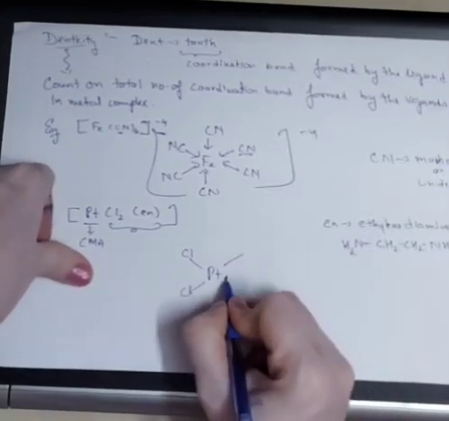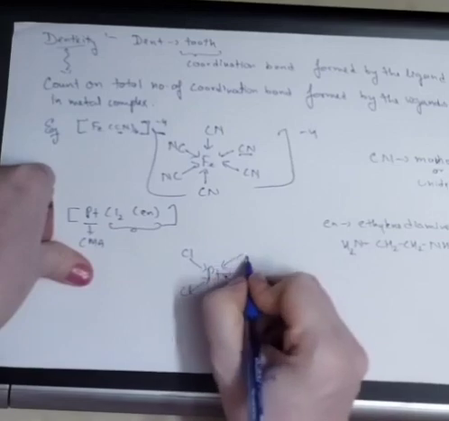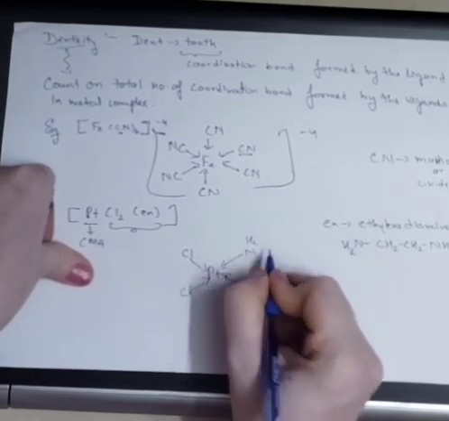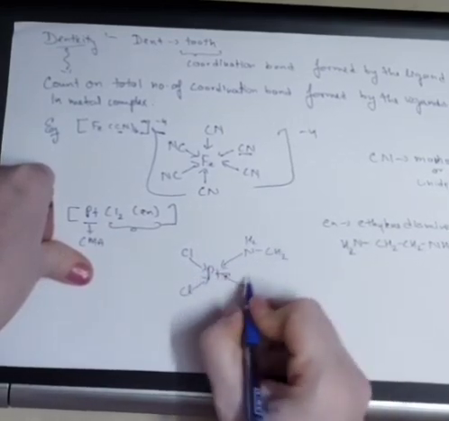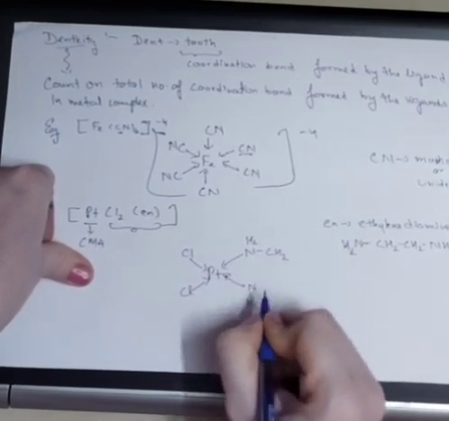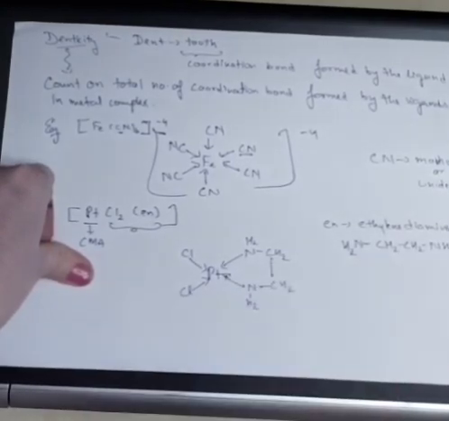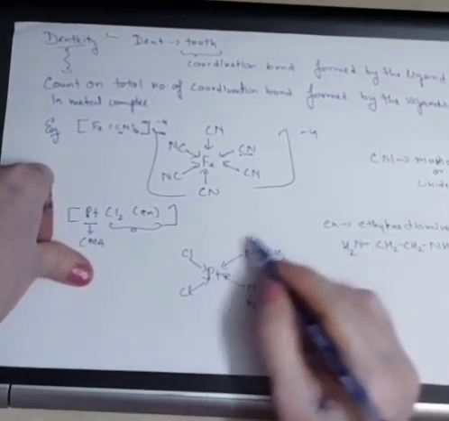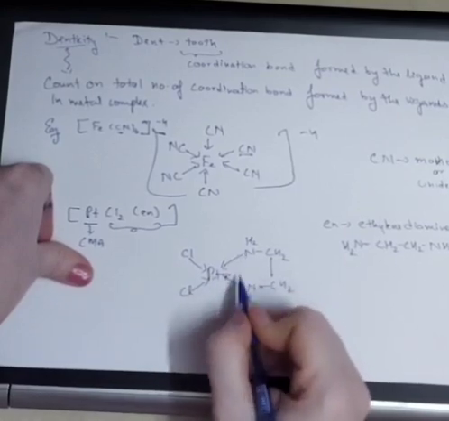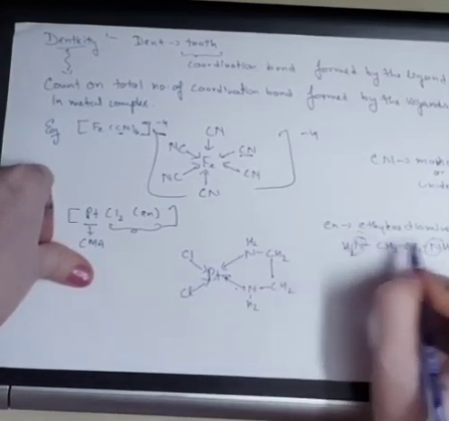Now, if you look here, this NH2 of the ethylene group is forming 2 bonds with the metal. So at a time it is forming how many bonds? These nitrogen groups have lone pairs of electrons.